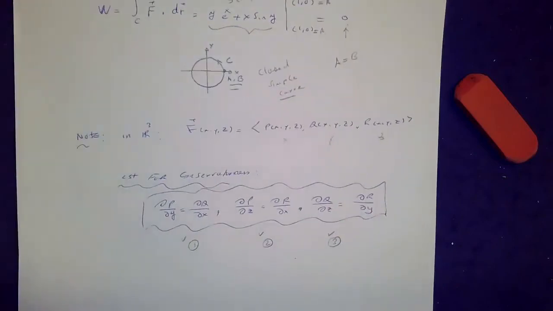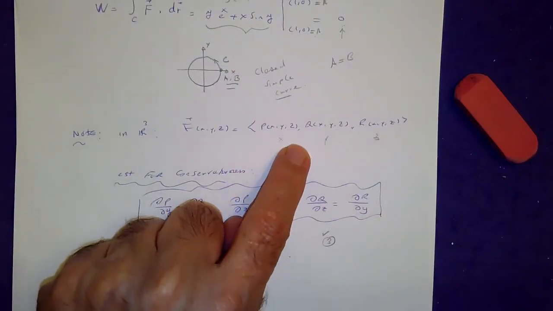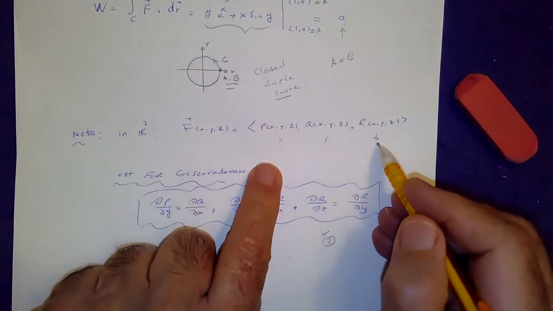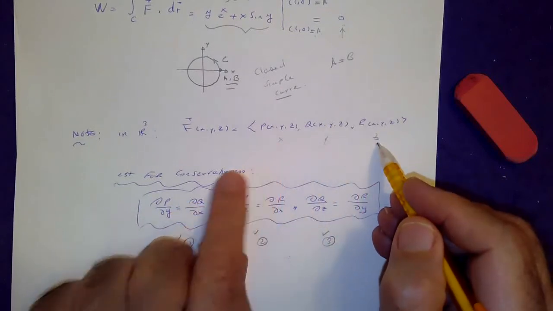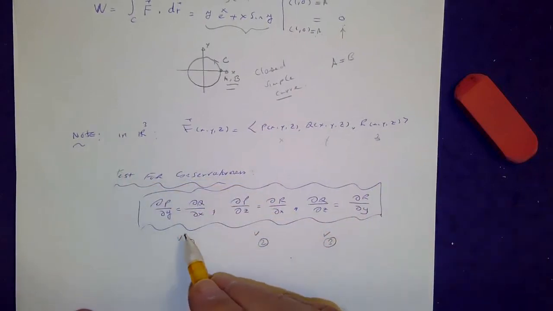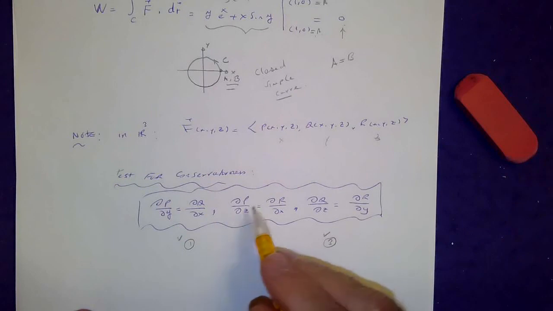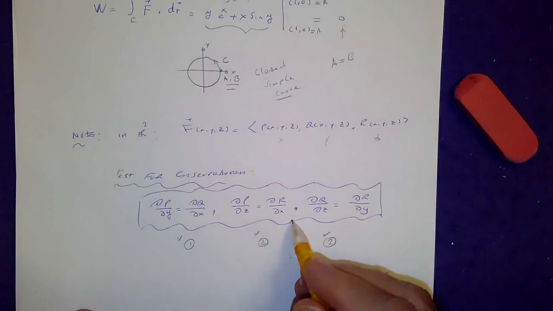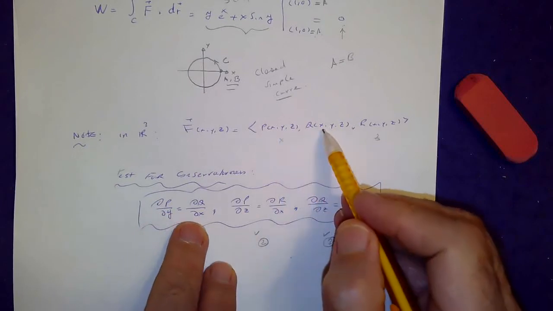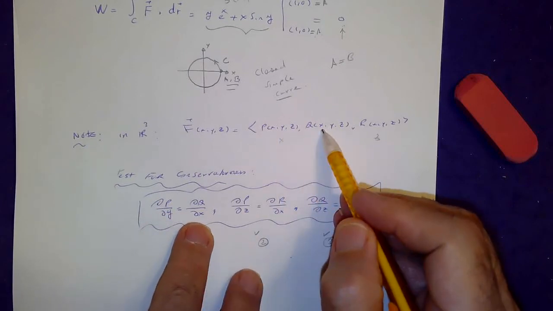In the case of R3, instead of P and Q, you would have P, Q, and R. Then you would have a z component. And the test for conservativeness requires that we verify three proportionalities. Partial of p with respect to y equals partial of q with respect to x.